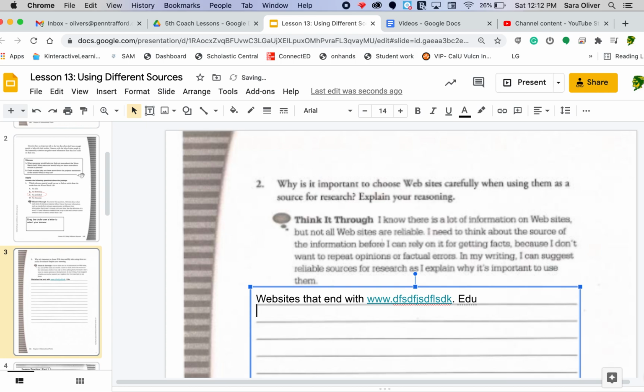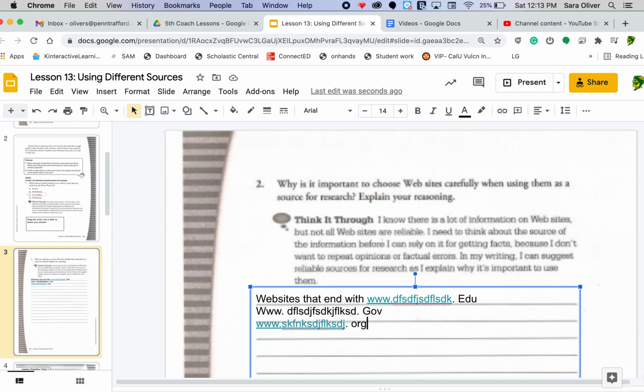You might also see a website, www.blah-blah-blah.gov, which stands for government. That would be a good place to look. You might also have a website that ends in www.something.org, which means it's an organization that's putting forth that information.